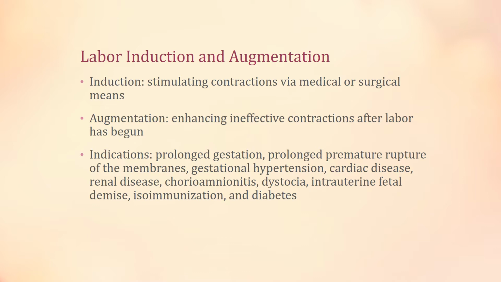Those are the reasons that we induce. Now, sometimes there is an induction because mother requests to go ahead and deliver, but that is not what we're talking about here.